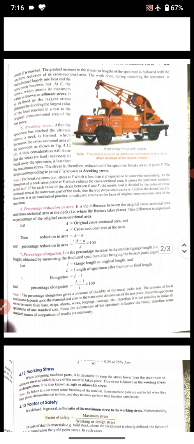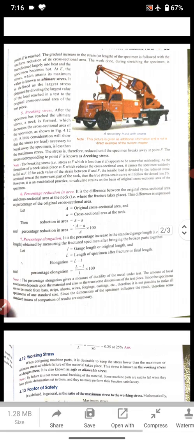So you have to divide it with the narrowest area, and then you will get the actual stress strain curve.